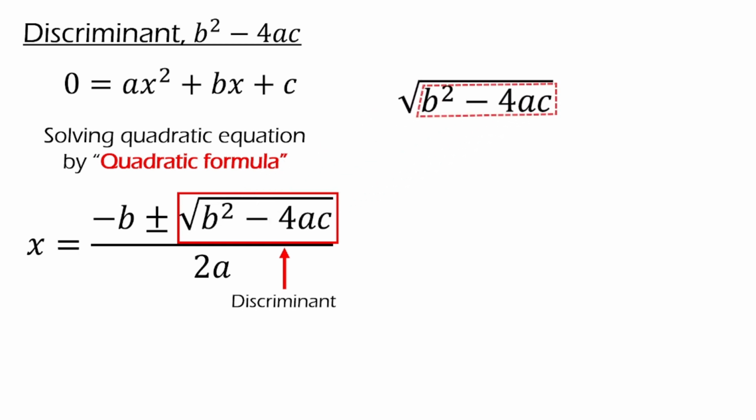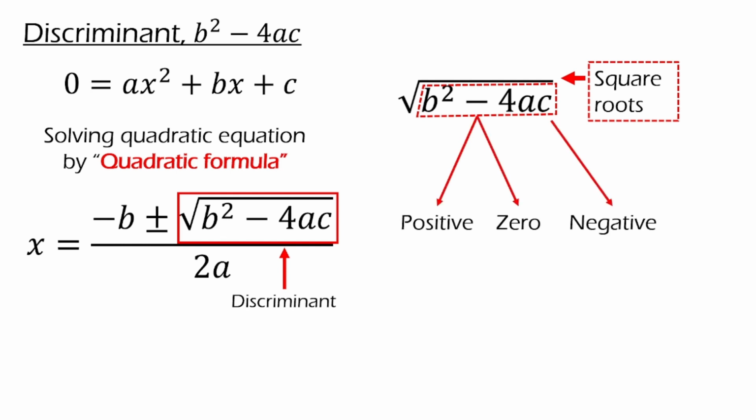What makes b squared minus 4ac very powerful? The reason is the square root. As you know, when we solve b squared minus 4ac, we will have a positive, 0, or negative value. Let me put in some numbers so that you can understand it better.